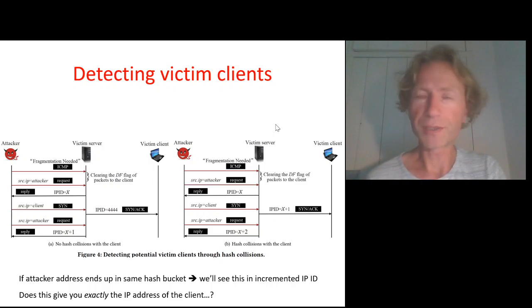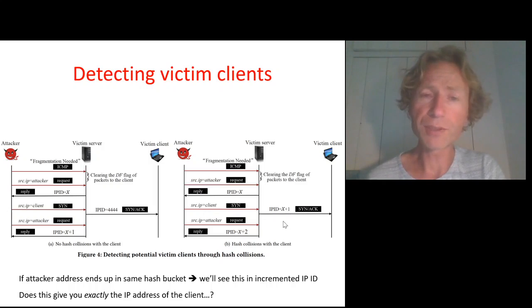What if there is a collision? Well, in that case, we go through the same procedure. The attacker sends this ICMP message, the DF flag gets cleared, we send a request, we measure the IP ID, and then we send another spoofed message pretending to be the client, a SYN.